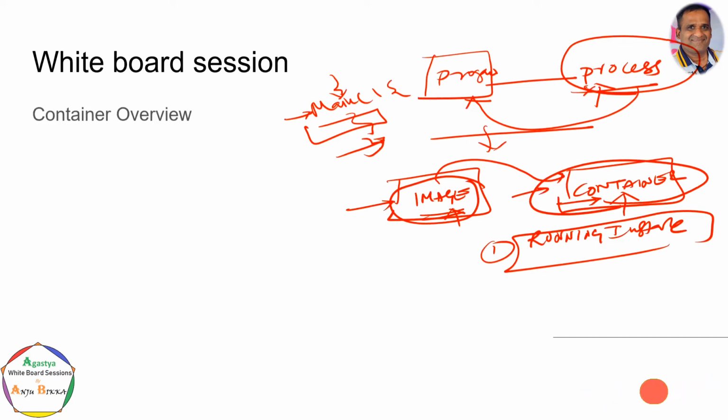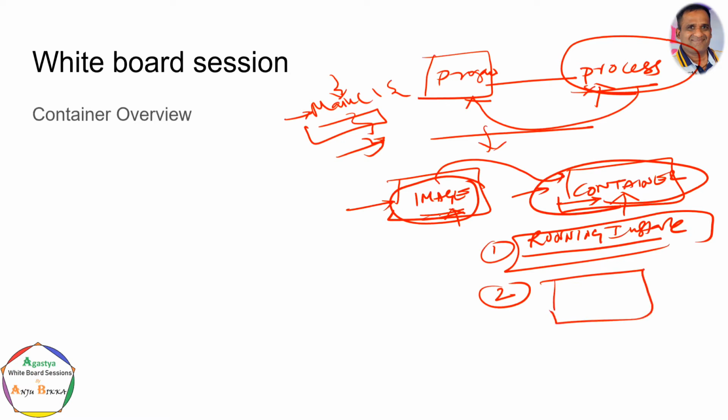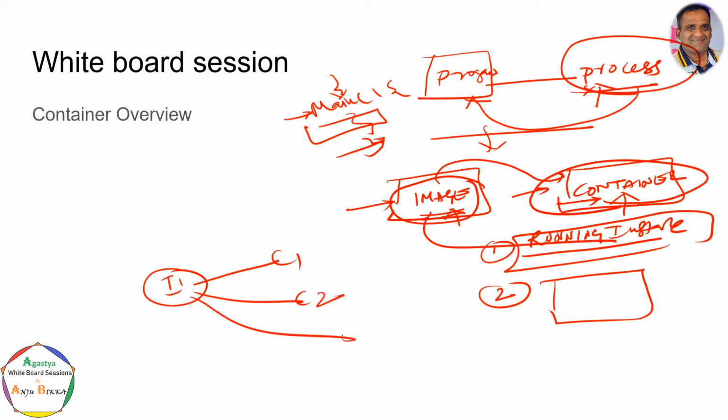The second difference is that a container is a running instance, but it is isolated. So when we have an image and start container 1, container 2, container 3, all these containers are isolated.